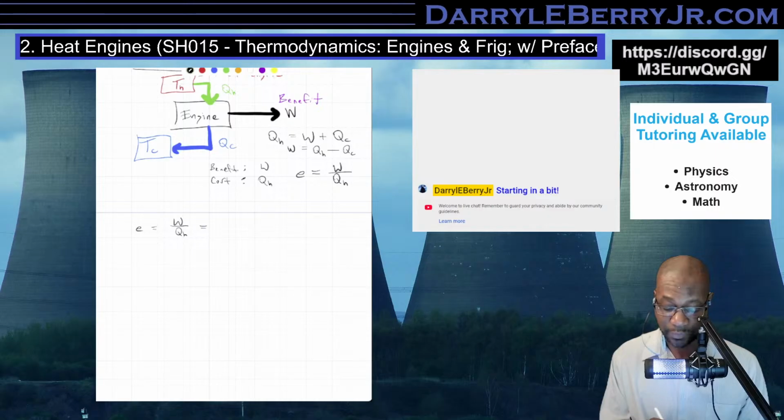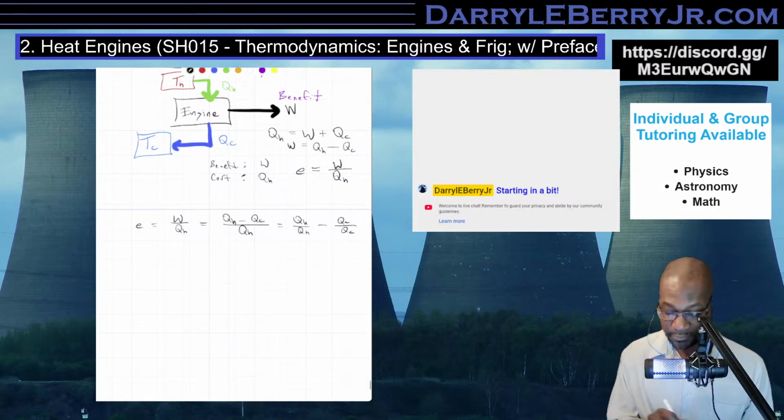And plugging in what we have for work, it's going to be QH minus QC over QH. And then we can simplify this to be QH over QH minus QC over QH. So we can say that E, or the efficiency, is going to be 1 minus QC over QH.